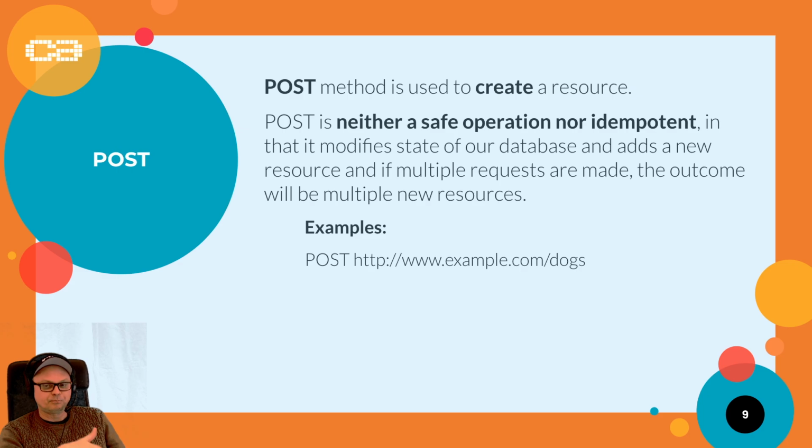The third time, a third user, and so on and so forth. So for every time you send off a POST request, a new resource will be created, even if the data is the same. The database will be modified. So you modify the state of the database and you add a new resource. If multiple requests are made, the outcome will be multiple new resources.